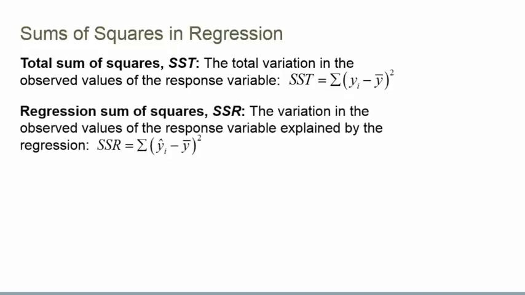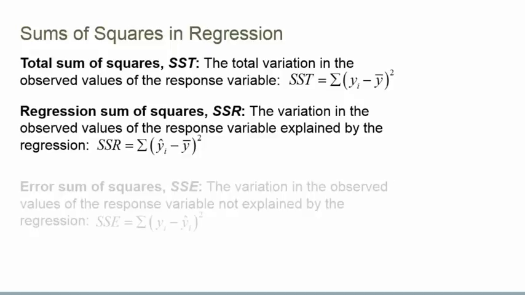Regression sum of squares, abbreviated as SSR: the variation in the observed values of the response variable explained by the regression. SSR equals the sum of (y hat sub i minus y bar) squared.